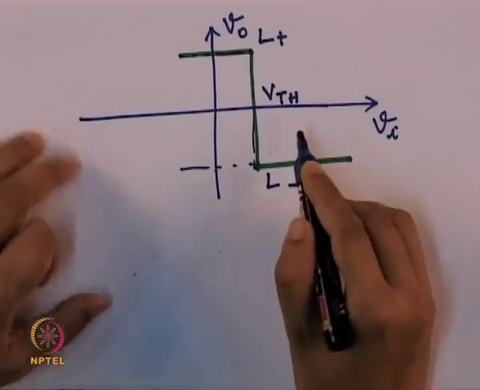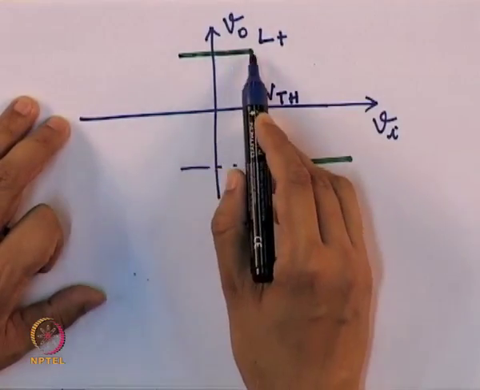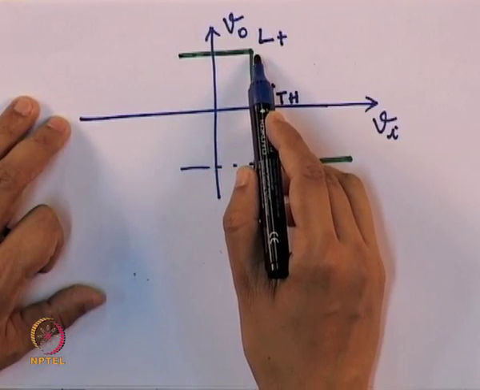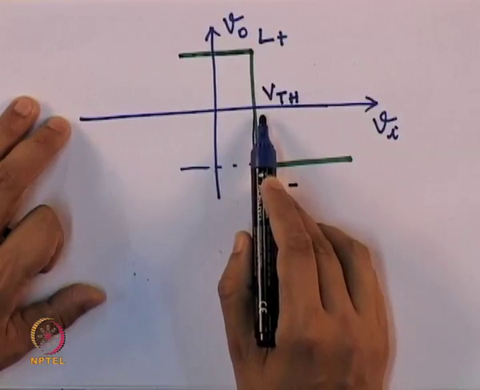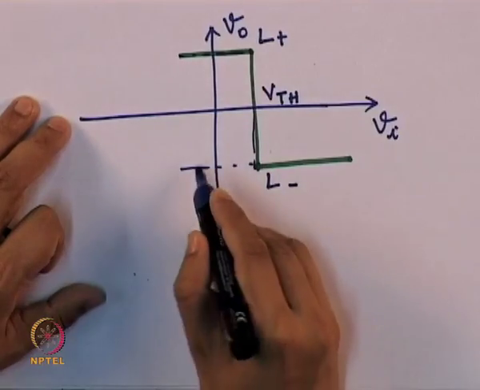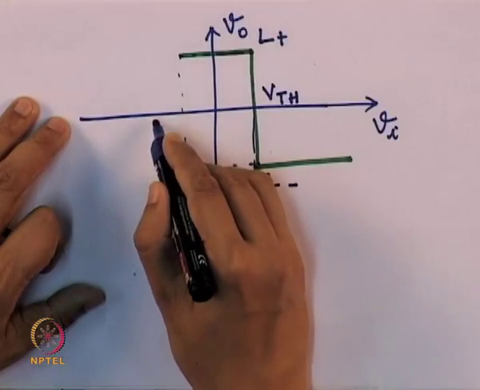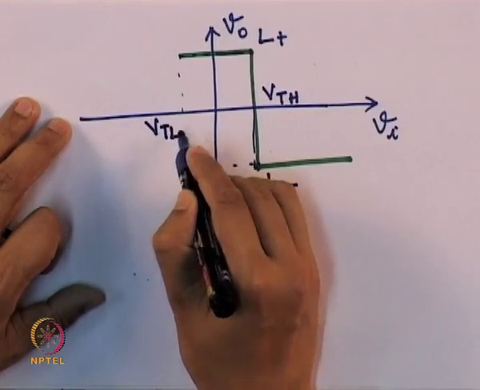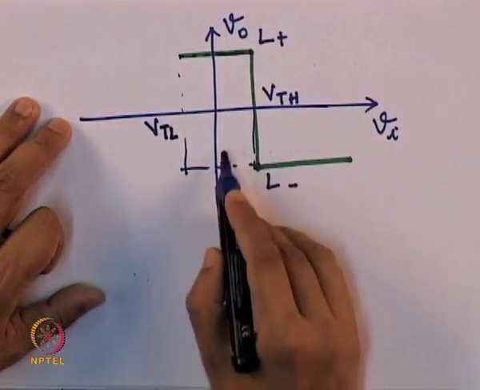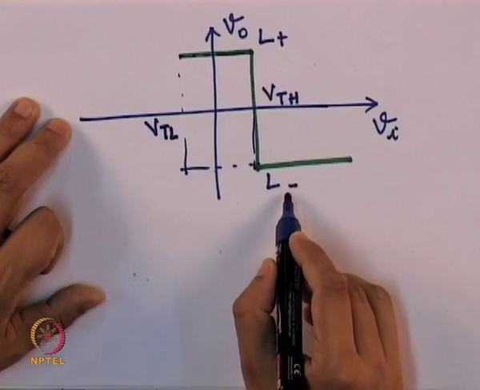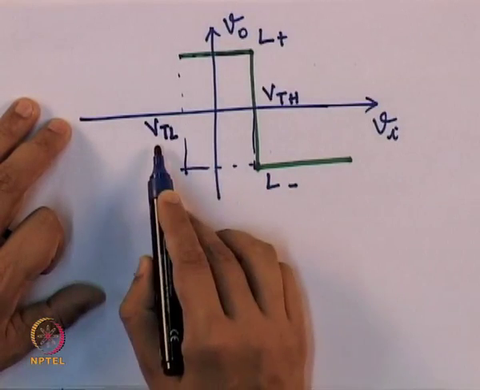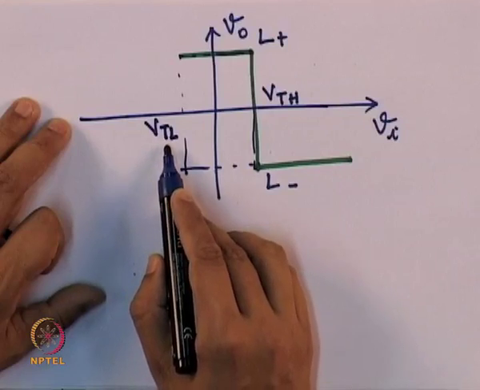See, when Vi is increasing, my Vo goes from L plus to L minus when Vi exceeds Vth. On the return path, when Vi goes below this VTL, your V0 is at L minus. VTL is the lower threshold voltage.